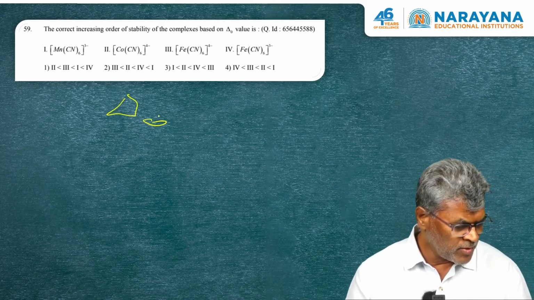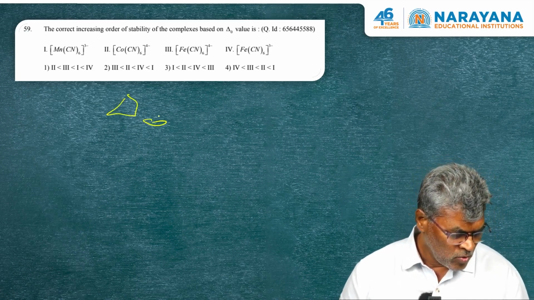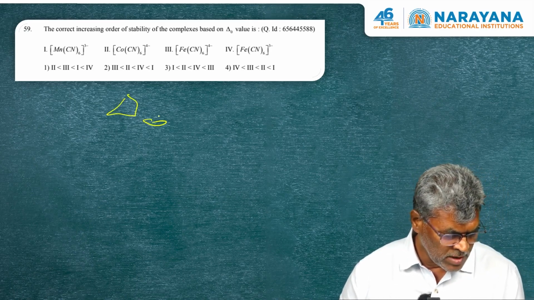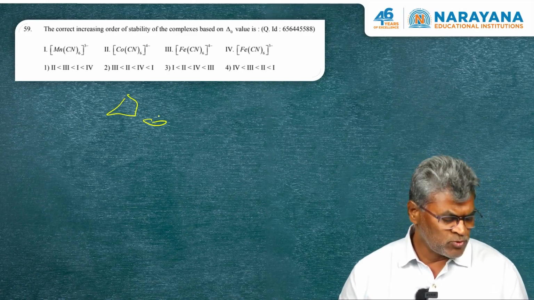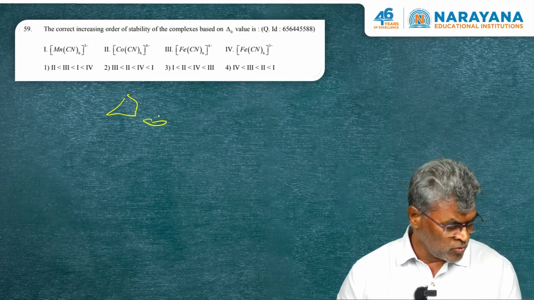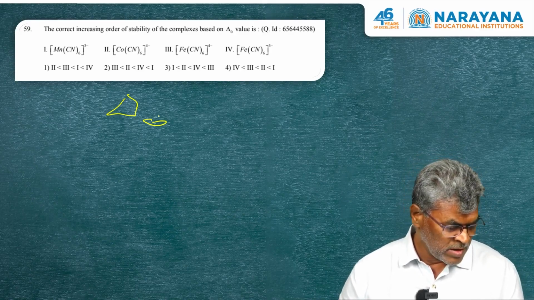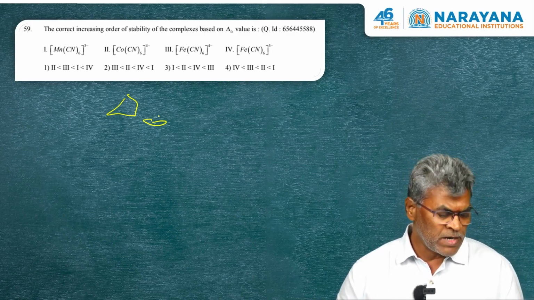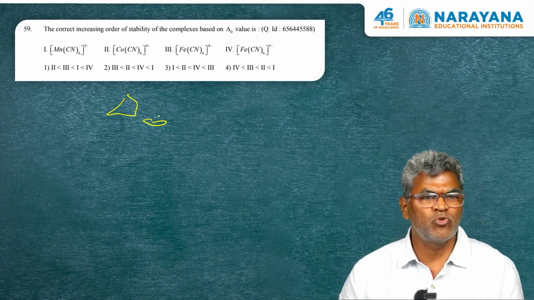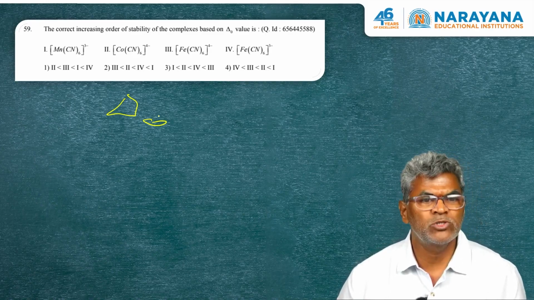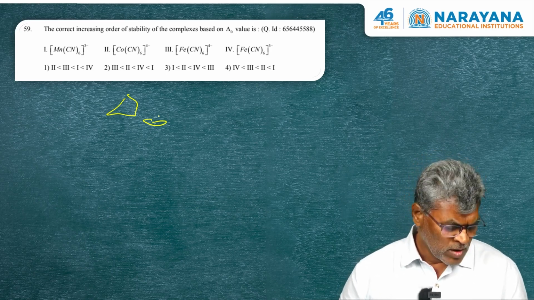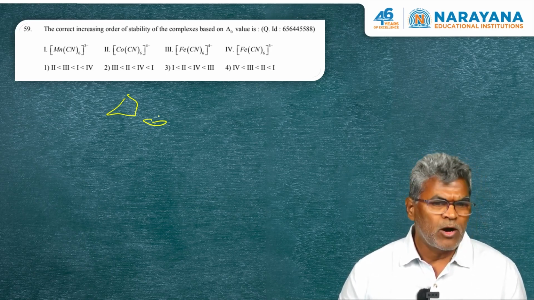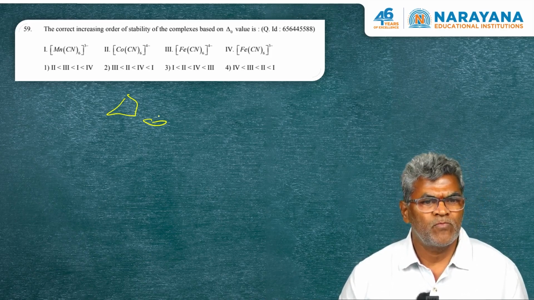Once you write delta naught for each complex, for the first complex you are going to get 1.6 delta naught, all minus, exothermic process, then 1.8 delta naught, minus 2.4 and minus 2 delta naught. If you see the values, automatically the third option will be the correct one.